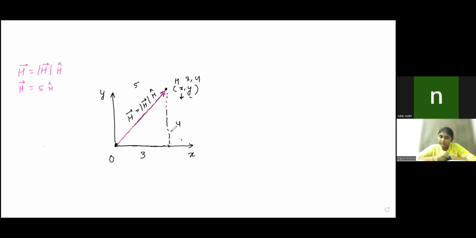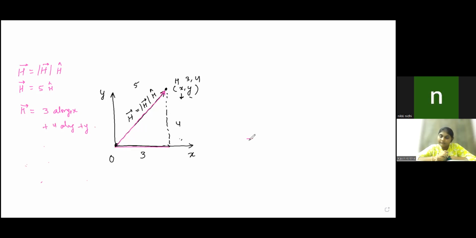But if you want to reach over here, there is another way. What is that way? You start going in the X direction 3, going along positive X, and once you have reached 3, then go 4 along positive Y. This is another way.